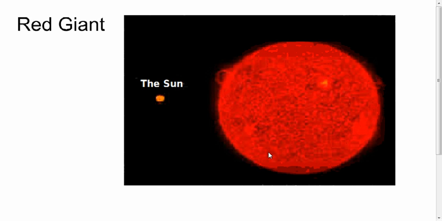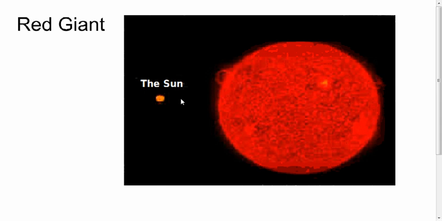Now, a red giant is a star that's in its later stages of its life, where its core has run out of hydrogen, and in the process of running out of hydrogen, the star's core collapses, gets hotter, and therefore is able to start fusing heavier things like helium into lithium.